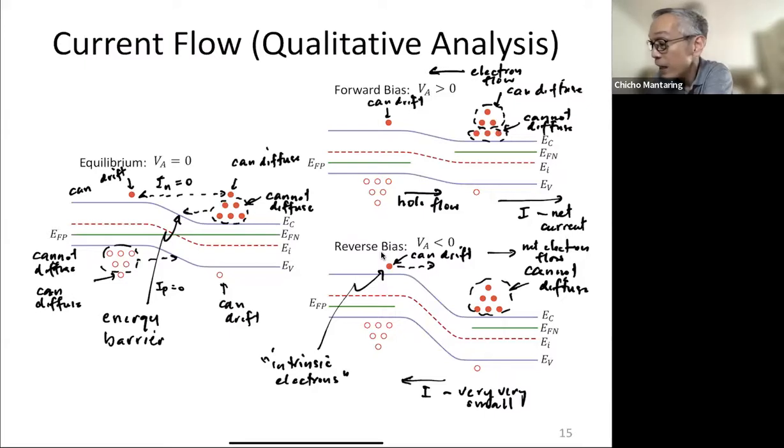This one on the left will be due to drift, because there's an electric field due to the bias. That electric field is pushing away the electrons at the positive side and attracting the electrons toward the negative side.